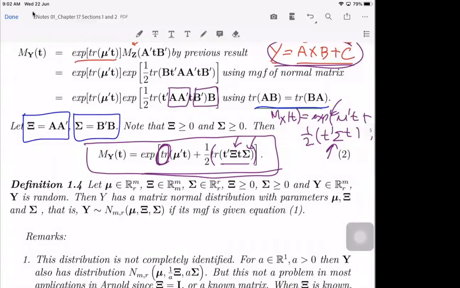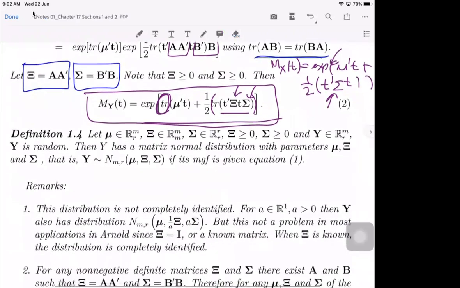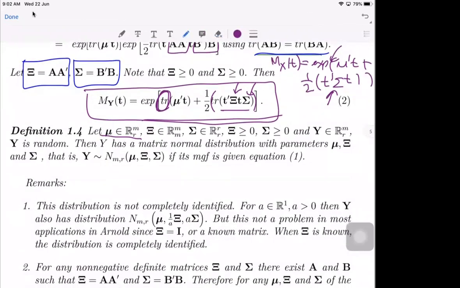So I think I have some remark that will talk about psi and sigma. So let's have first this definition. This is the dimension of your mu, your psi. So it is a square matrix. Sigma is also a square matrix.